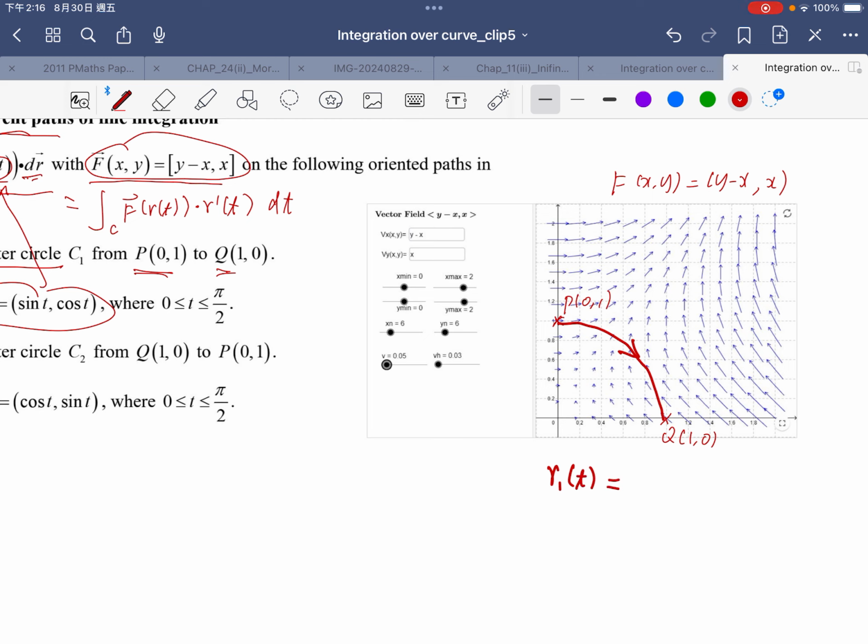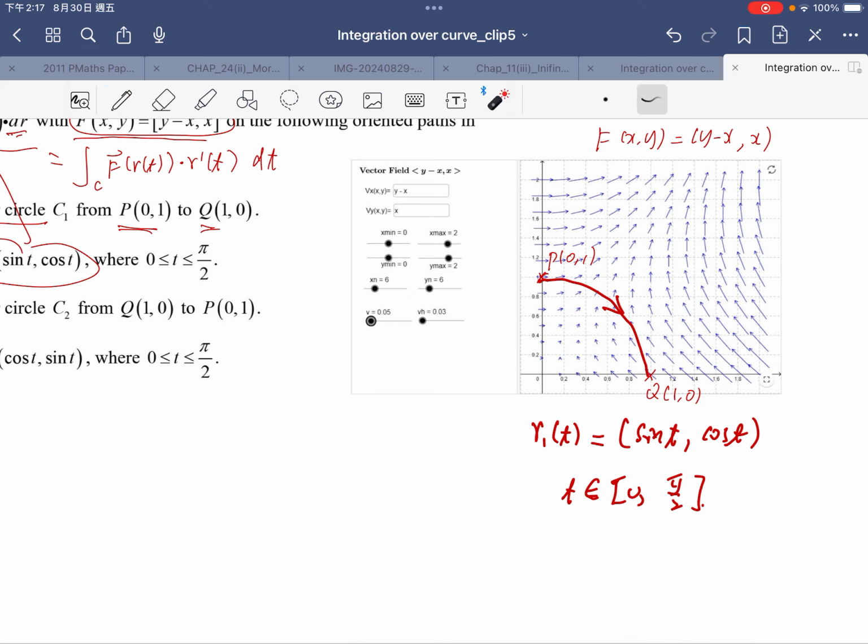I call that R1. The better way is to have the first point at angle 0. Then I suppose R1(t) is (sine t, cosine t), with t from 0 to pi over 2.